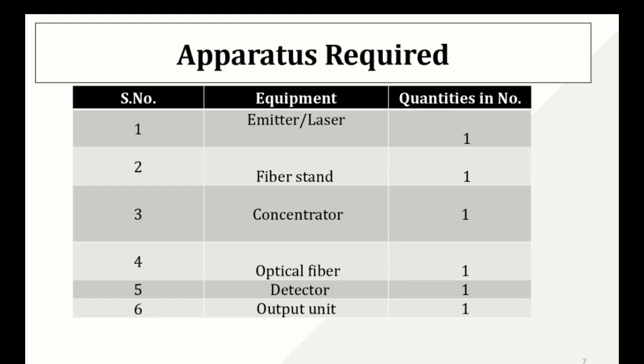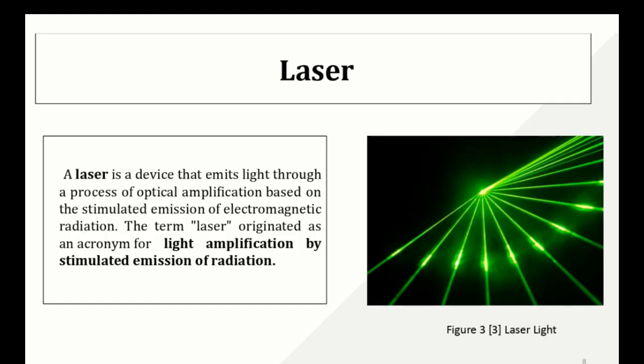So how do we find that the light is there, and how much intensity there is? We are using a photo detector, because when light comes, it gives you the output in terms of current. So we need a detector and an output unit to get that light at the output. These are the pretest requirements for performing the experiment.